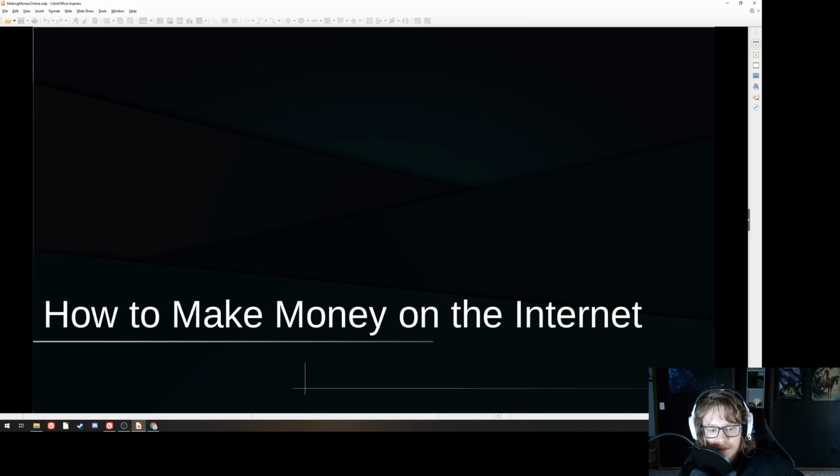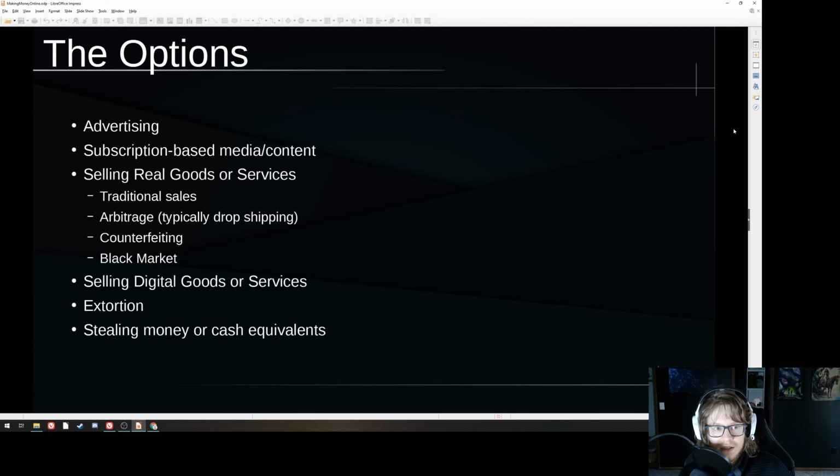Okay, so how to make money on the internet. Let's look at the different options. You've got your advertising, your subscription-based media and content. You can sell things, real things, physical goods, or real services. There's your traditional sales, where you sell things directly to the people buying them.